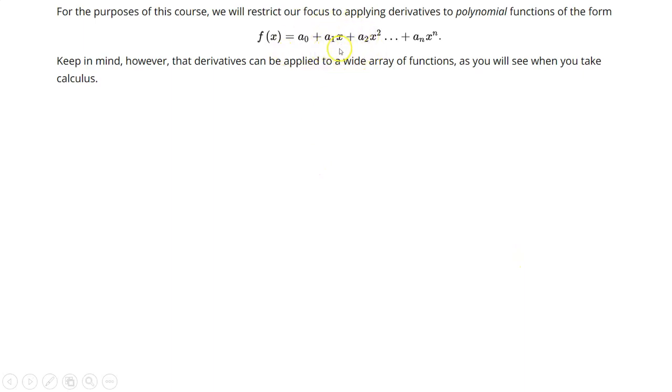Notice the important thing here is that x is not in a denominator, right? So we're not dealing with anything like a rational function. We're dealing with a coefficient of x, just a constant, x with an exponent. There's a lot more in calculus, which gets fun, but in this course we will only be doing a certain number of functions, not all of the array that you can get.